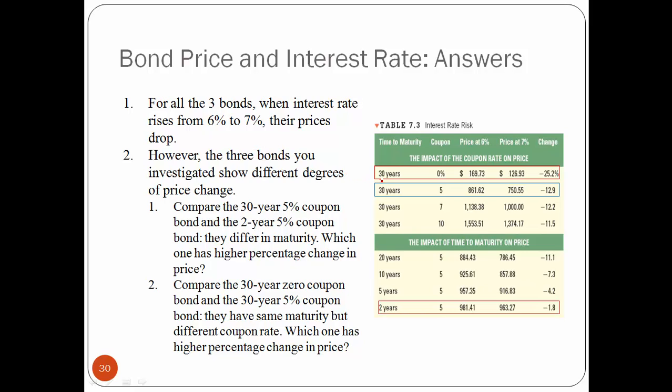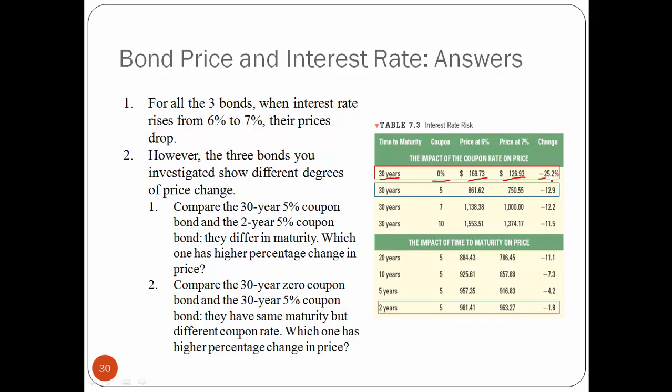Actually, for the answer, when you have a 30-year zero coupon bond, the price at this 6% discount rate, or say market interest rate, was this much, and when you change that to 7%, then the price changed to 126, which is lower than 169. So apparently you see a negative change, or say the price dropped.